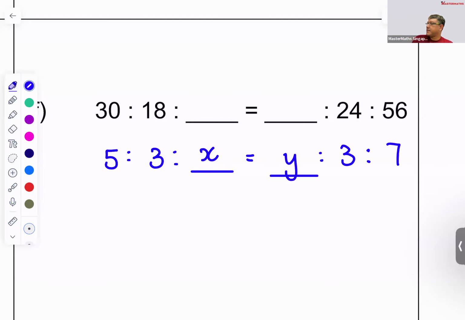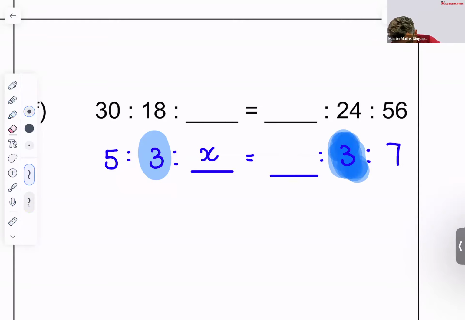See, I got it already. Can you see that my 3 is same? So the X must be 7. My Y must be 5. So I'm going to erase my Y and put a 5 there. And my X I'm going to erase and put it as 7.